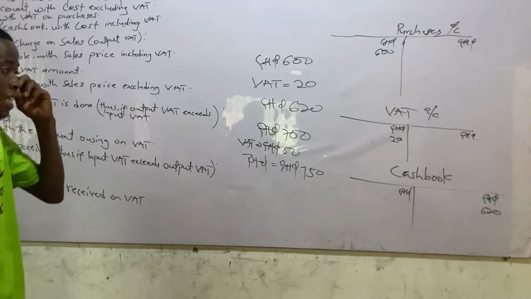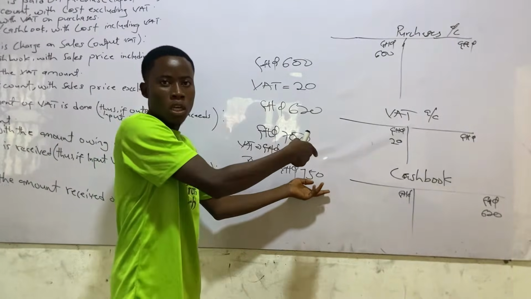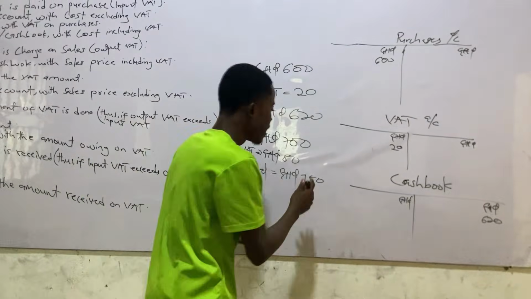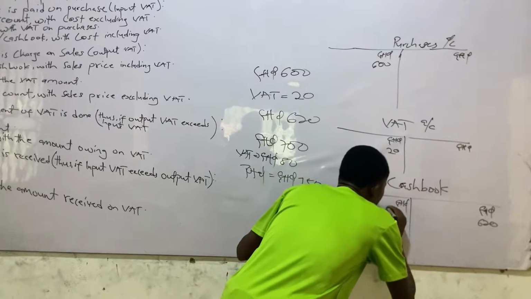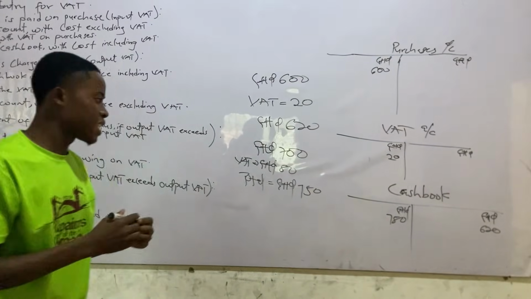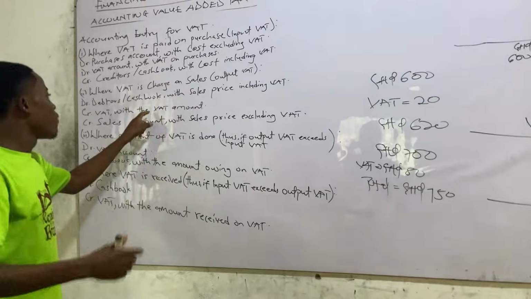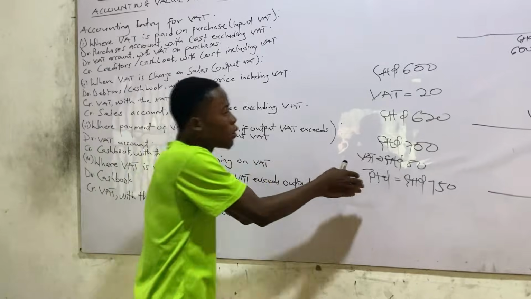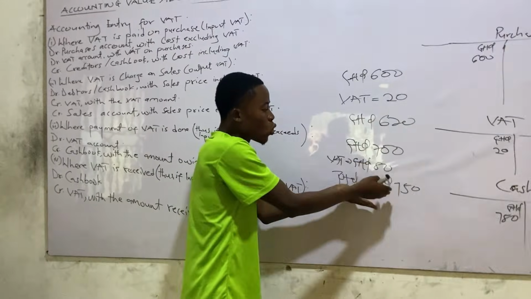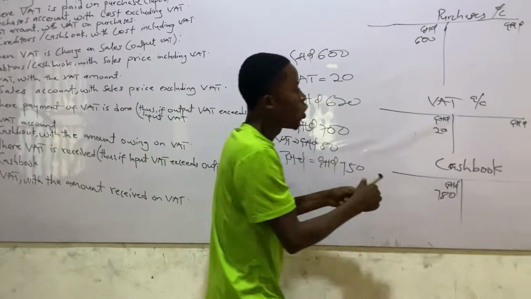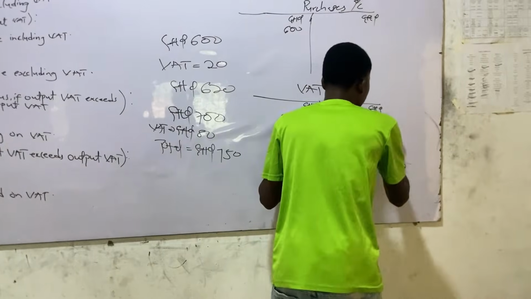What we do here is that we debit the cash book with the total amount, which is 750 Ghana cedis. And then we credit VAT with the VAT amount. The VAT amount imposed on the goods we sold is 50 cedis. So we credit VAT with 50.